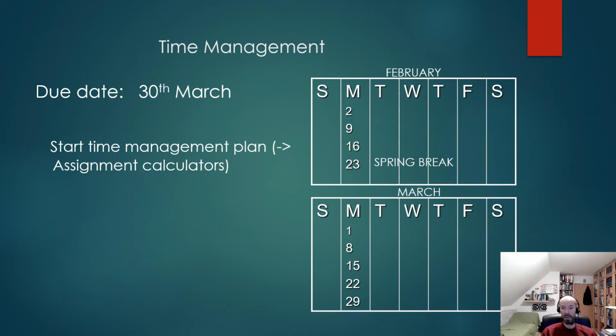A very basic thing to do before you start writing, in the planning process, is to think about time management. So is there a specific due date when you have to hand in your paper? And you would then need to start a countdown to that due date. There are lots of planners available on the internet.